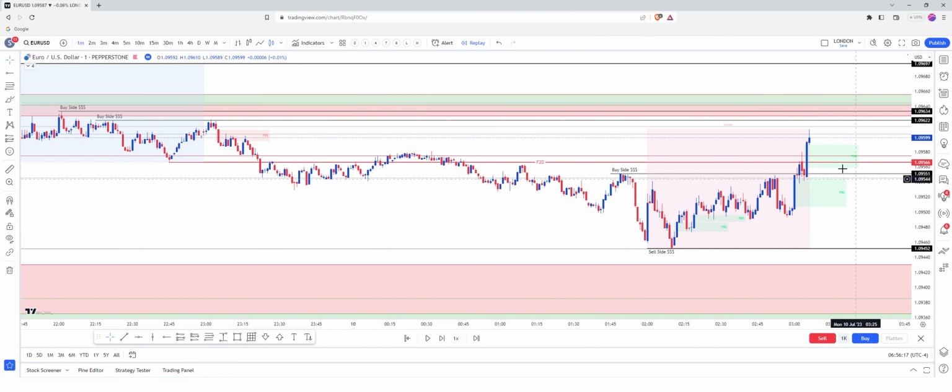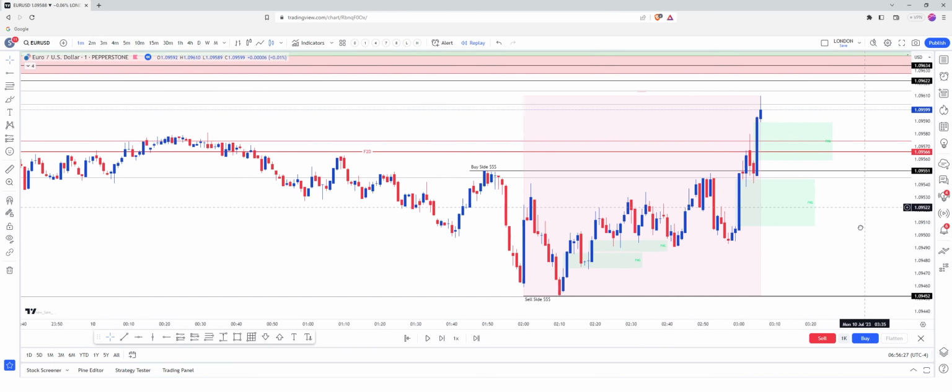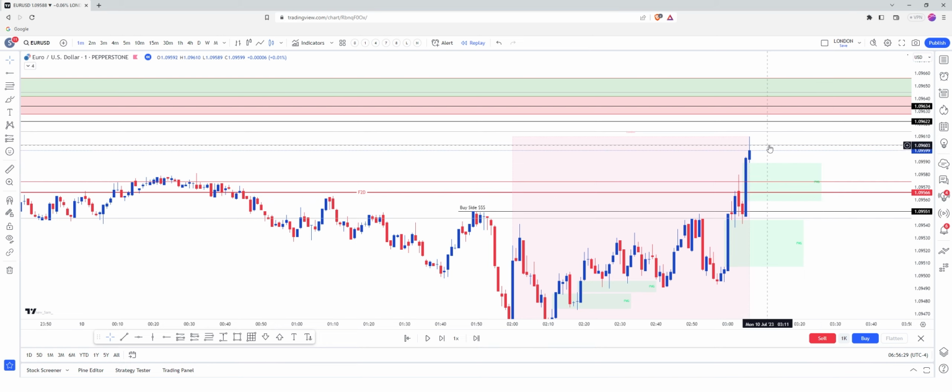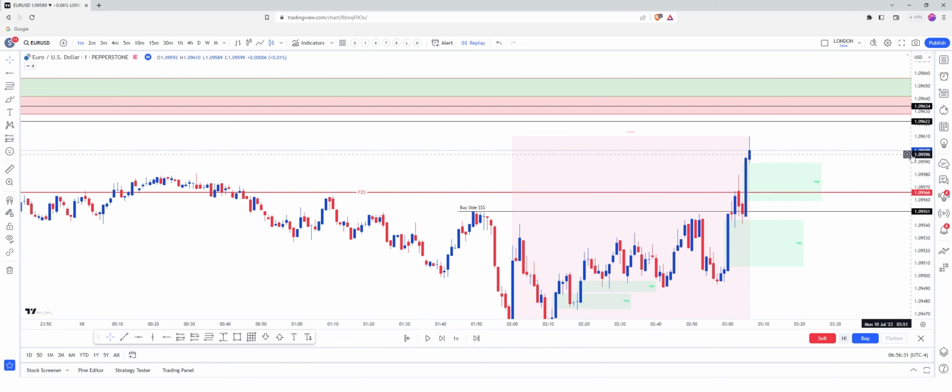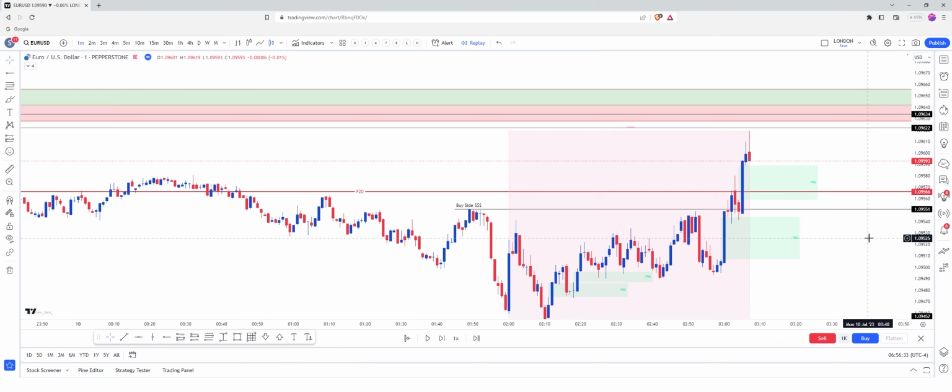What's going to be key here is how we react at this 15-minute fair value gap and liquidity levels, which we've already established are at optimal trade entry, which these two light grey lines we've just tapped. I'm going to delete that because it's cluttering up the chart.